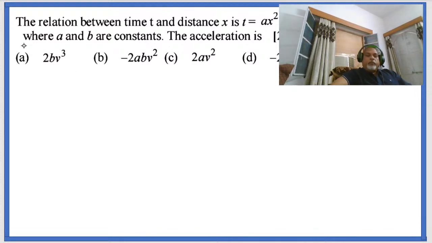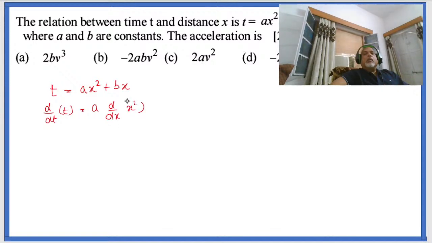Here, what is given? t is equal to ax square plus bx. That means we can differentiate it, d by dt of t is equal to a d by dt of x square plus b d by dt of x.